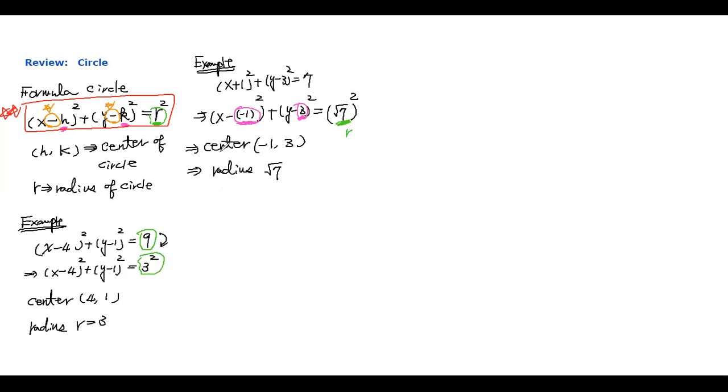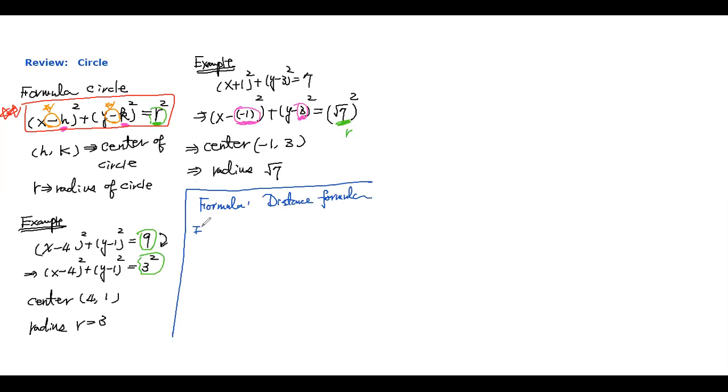Okay, so the next thing I'm going to talk about: in order to do the problems in this unit, we have another 2 formulas we need to know. The first formula is what we call the distance formula.